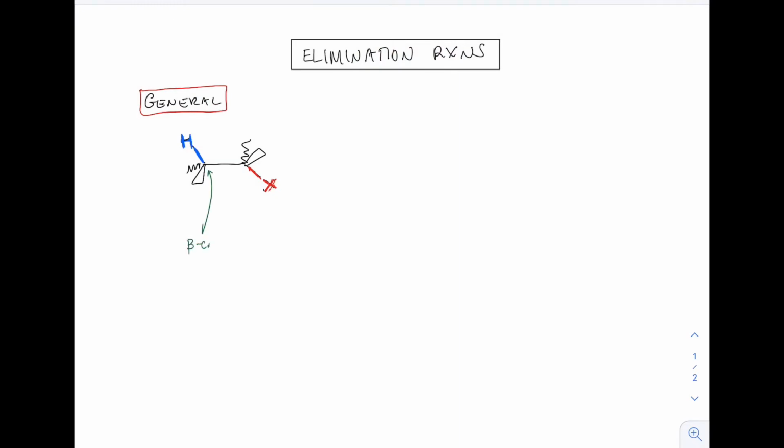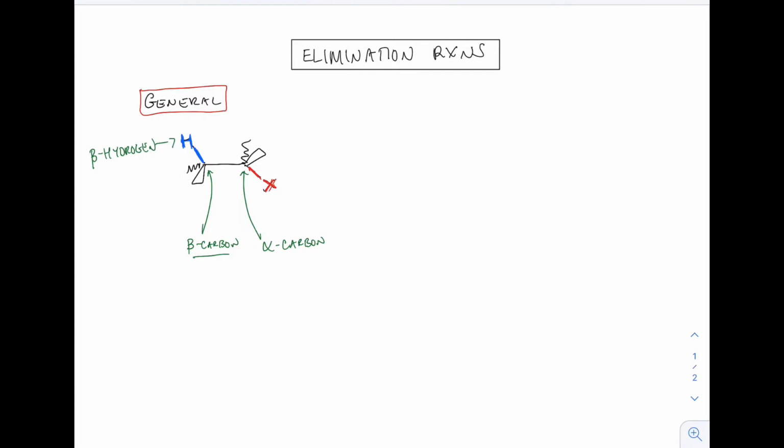Okay, so this particular carbon is called the beta carbon, while the one with the actual halogen on it is the alpha carbon. Alpha, beta, right? Since that beta carbon is identified as a beta carbon, anything attached to it, like this hydrogen, would be a beta hydrogen.